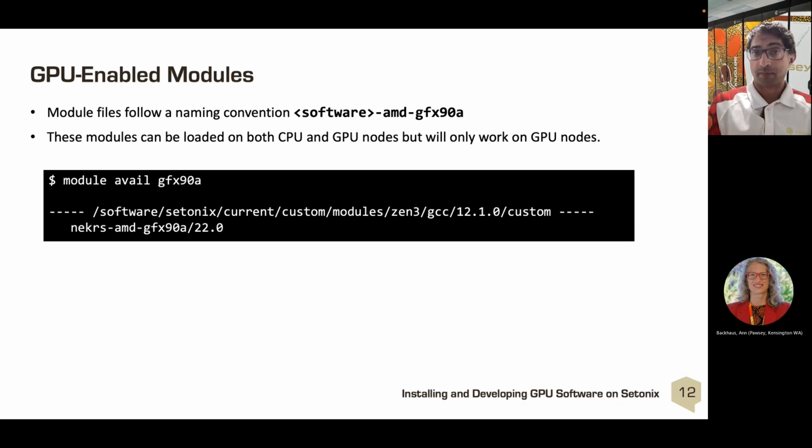The modules can be loaded as you would normally. They can be seen on both CPU and GPU nodes. So if you go on to the login nodes of Setonix and do module avail and search for the keyword gfx90a, you will see some software presented as custom builds. They're custom bare metal builds, so they should be optimized for the Setonix supercomputer, and they'll run on GPU nodes.